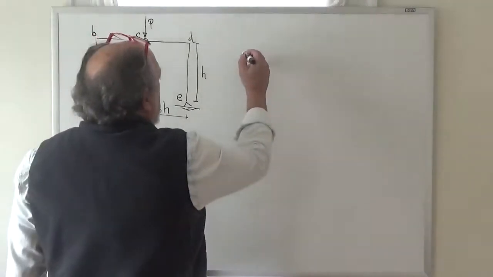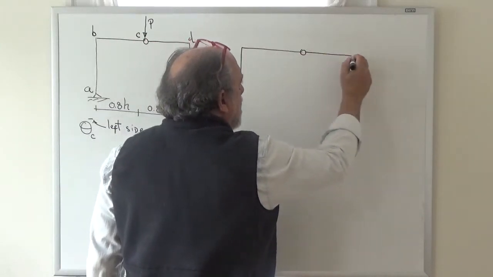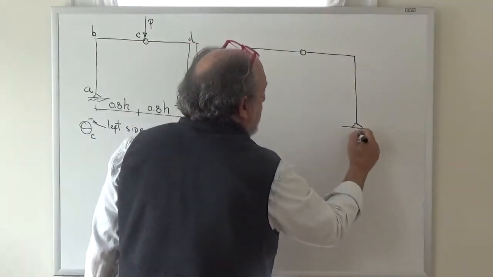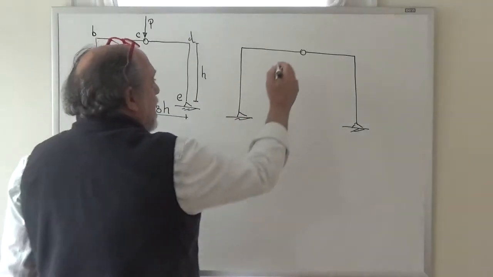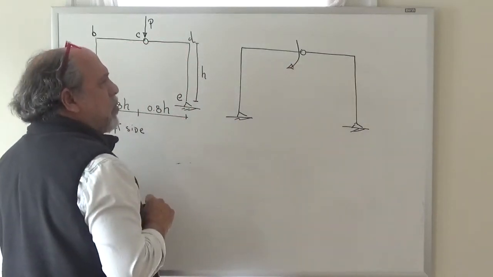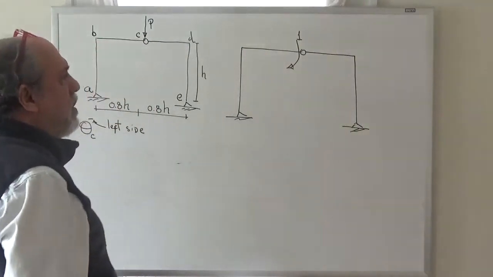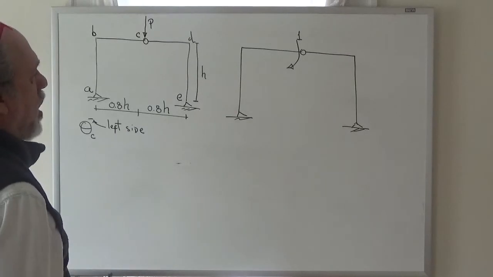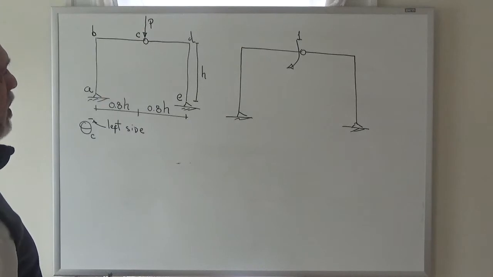So that means that in this case, we want to take our frame, here is the hinge, and we want to apply a unit moment acting at the hinge. Now, this moment, it's on the left side, right? It's not at the hinge, because the question was, what is the rotation on the left side of the hinge? So I have a unit moment. I won't call it 1 kip-foot, it's just a unit moment in the units that we are working on. Could be pound inches, kip-feet, or Newton meters, or whatever, right?